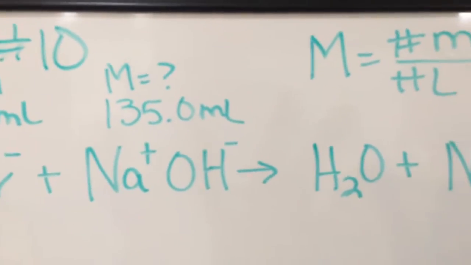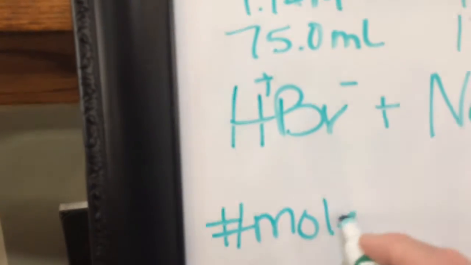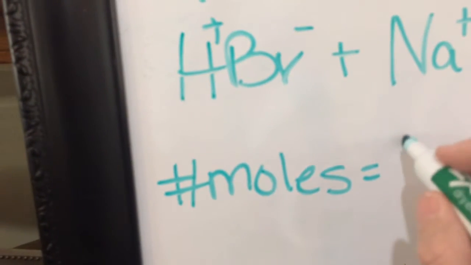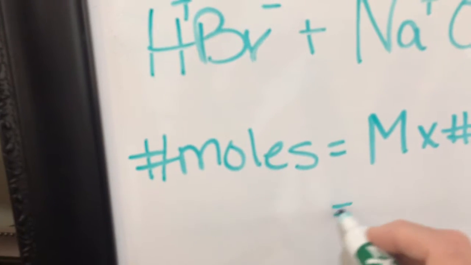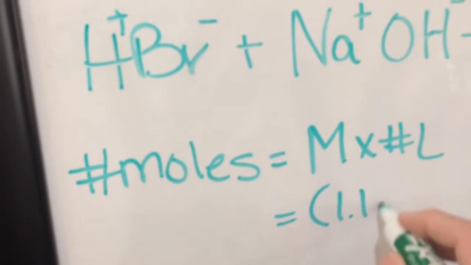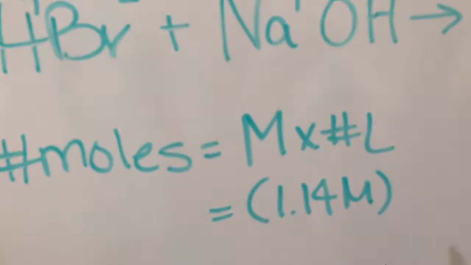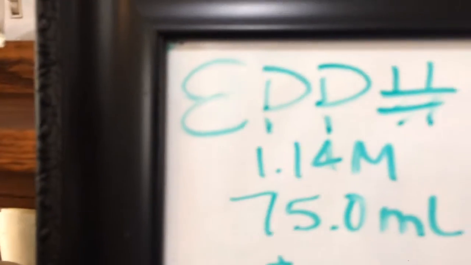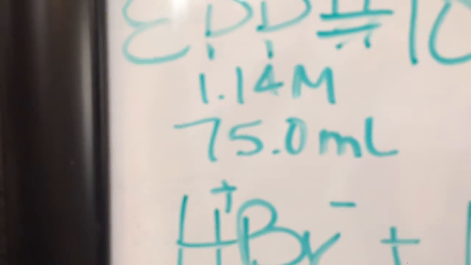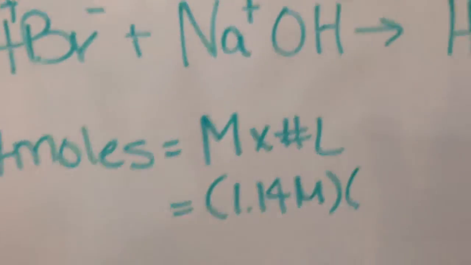Okay, so I'm going to do that. The thing I'm looking for is the number of moles. So the number of moles is equal to the molarity times the number of liters. Okay, and so I'm going to do 1.14 molarity times, now I have to do liters. 75.0 milliliters will not work. So that is 0.0750 liters.